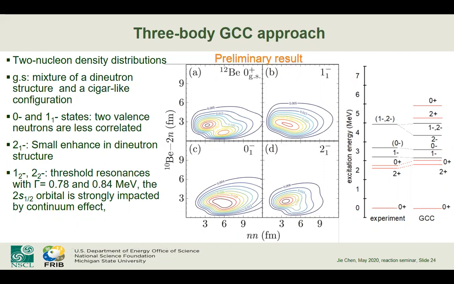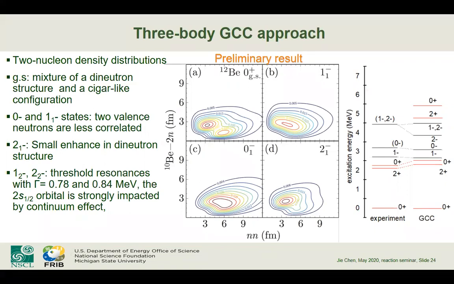And for the second 1 minus and 2 minus states, I didn't show the distribution here because they have a very large decay width, which even exceeds their excitation energies. So these two states are threshold resonances.